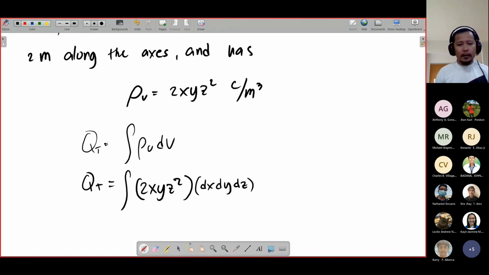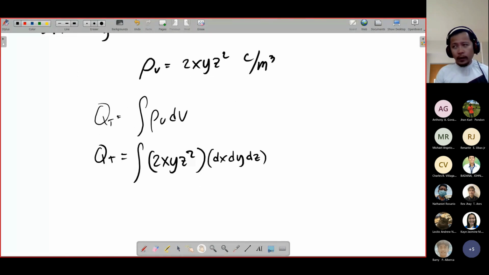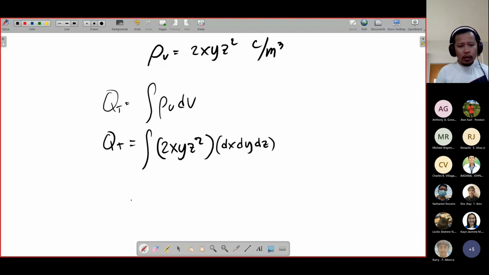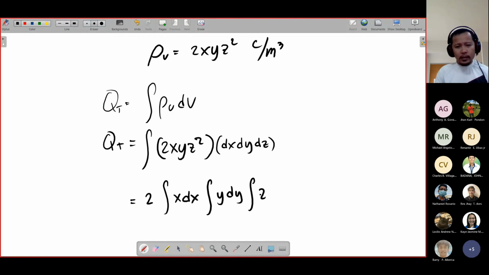Since these are multiple variables, we separate them: take out the constant, times the integral of x dx, then the integral of y dy, then lastly the integral of z squared dz.